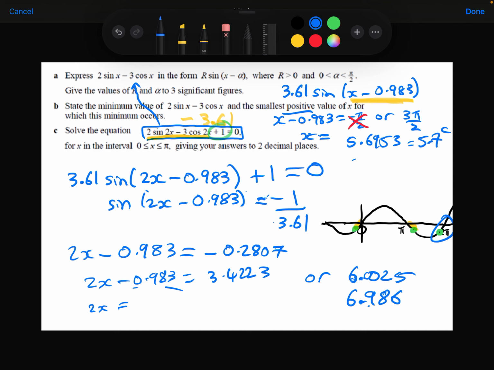And for the other one, the 3.4223 plus the 0.983. And also I am going to add the 0.983 to my first solution as well. So minus 0.2807 plus 0.983.